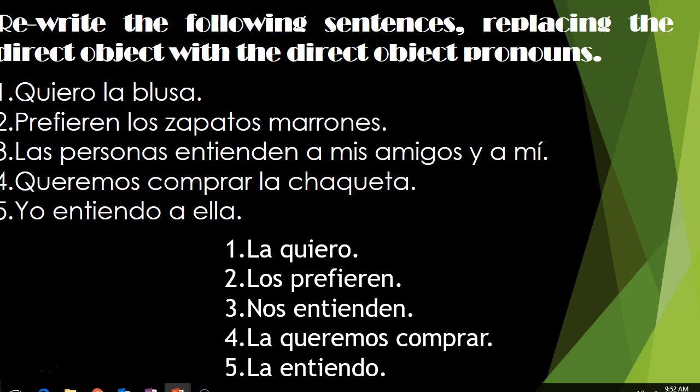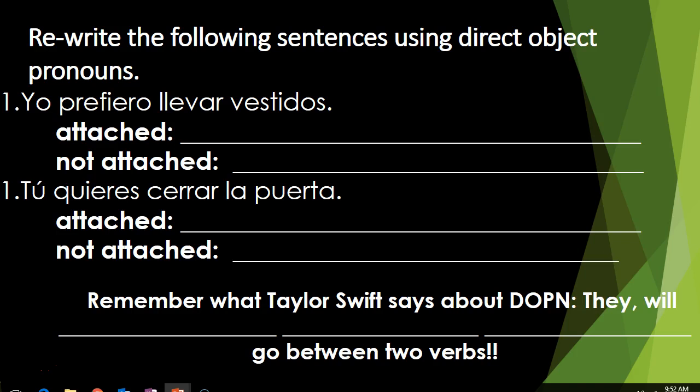You had to have the verbs in there as well. More practice. Go ahead, rewrite the following sentences using direct object pronouns. Notice there's two verbs, so that means there are two ways to write each sentence. Please write both ways. Go ahead and pause so that you can do the practice, and as soon as you're done, play the video so that you can get the answers. Check your answers.